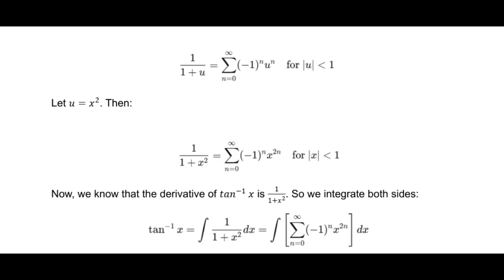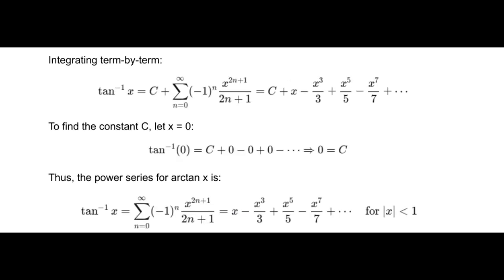So we have arctan x equals the integral of 1 over 1 plus x squared dx, which equals the integral of the summation of negative 1 raised to n times x raised to 2n dx.